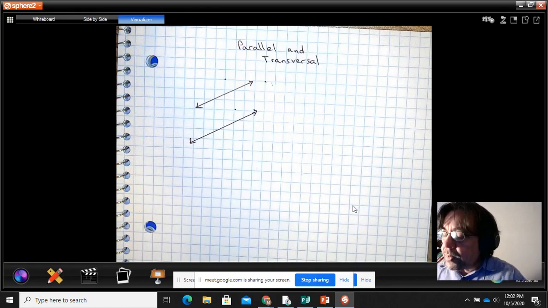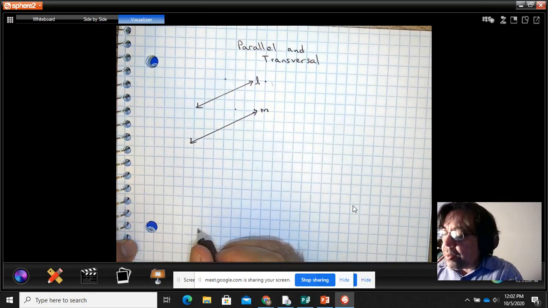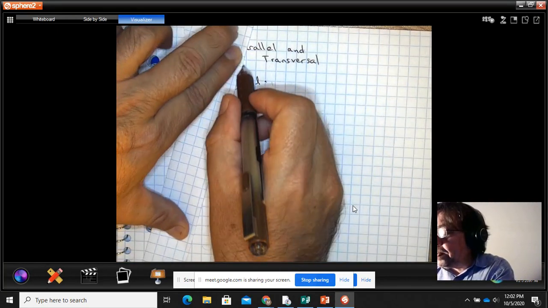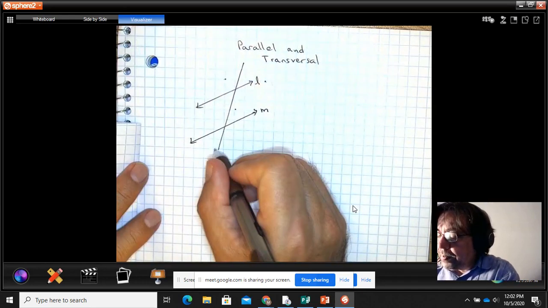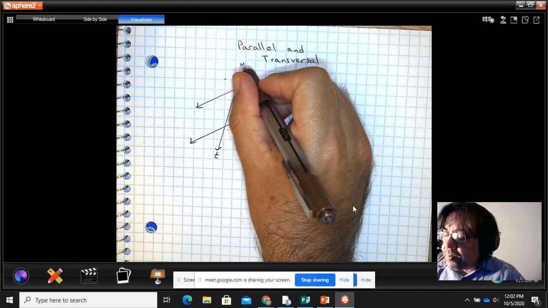And then I'm going to draw a transversal. So these, line L and line M, are parallel. I'm going to make line T the transversal.